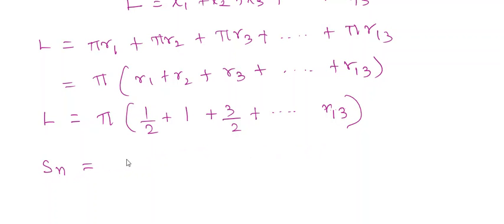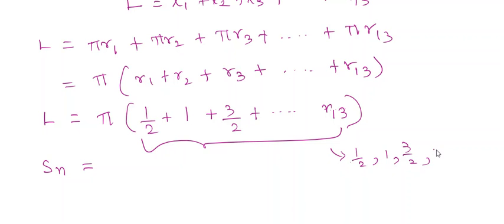So Sn is equal to, actually this is the AP here, is it not? That is 1 by 2, 1, 3 by 2, and etc. And then finally R13. We do not know R13.